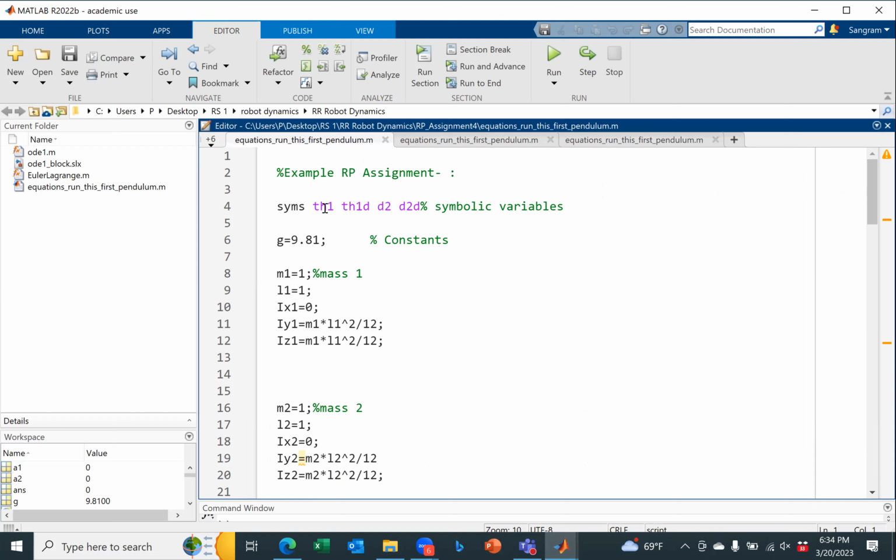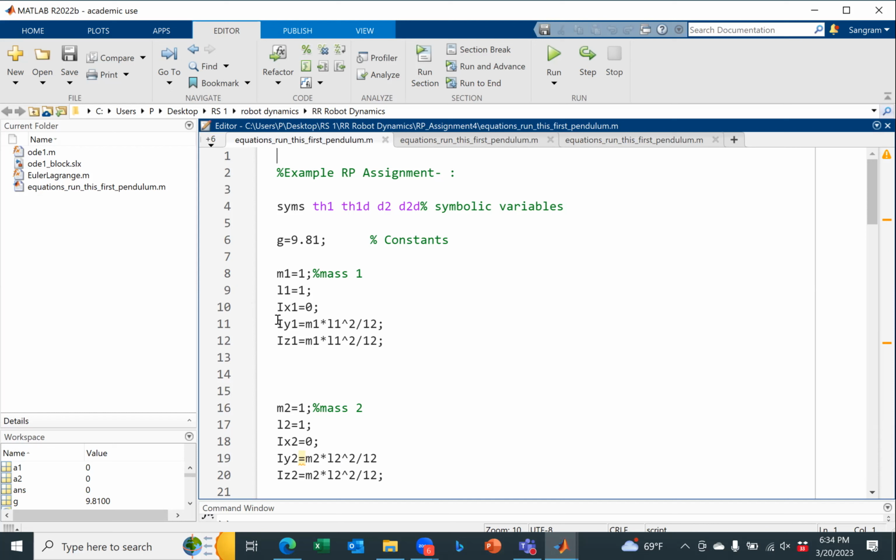angle is theta1, the derivative of the angle which is theta1 dot. I have the displacement d2 and I have the derivative of the displacement d2d. The gravitational constant, I'm assuming it to be 1. Then I'm assuming the mass is equal to 1. I'm assuming the length is equal to 1.